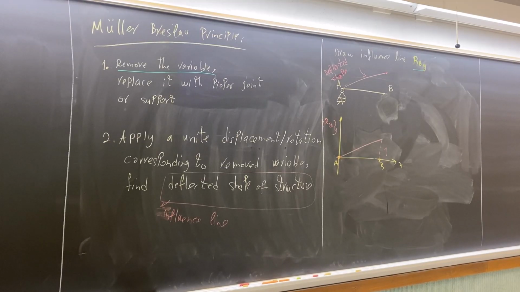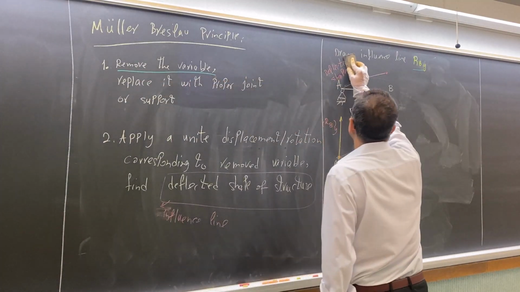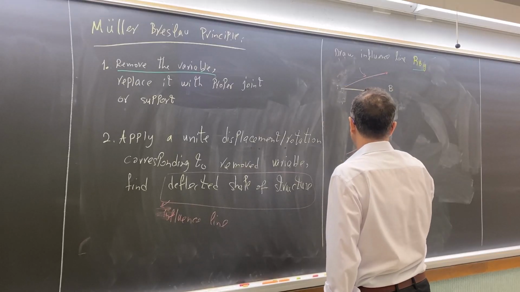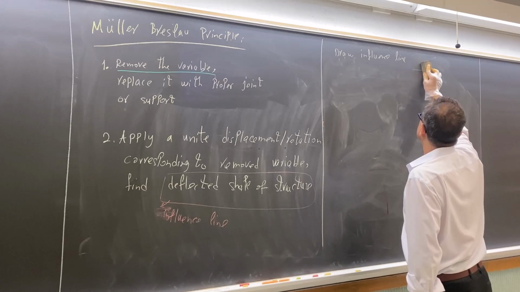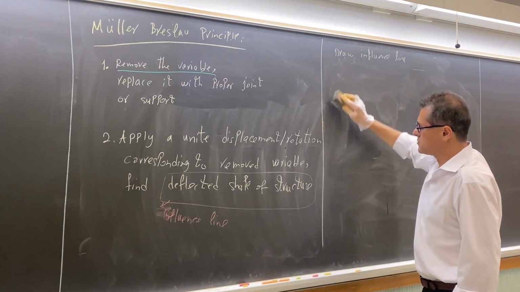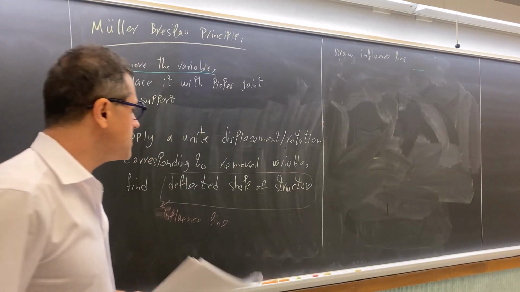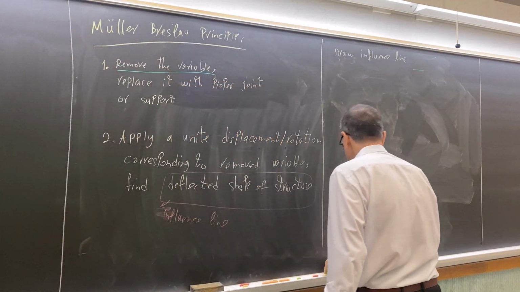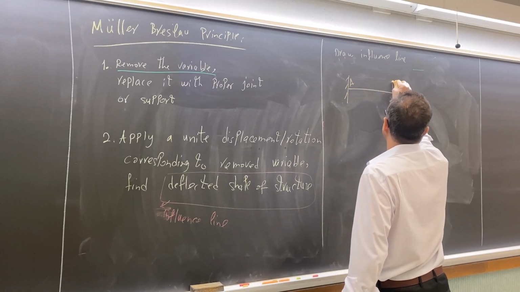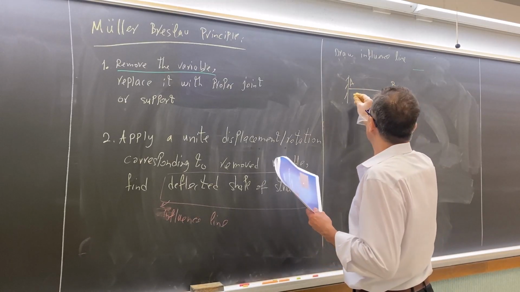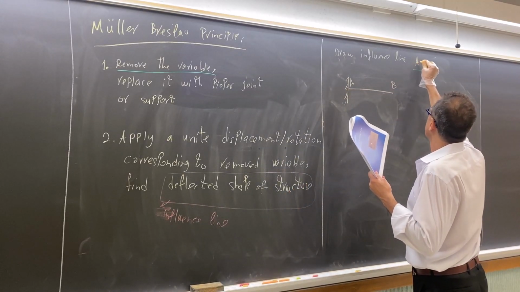Next, I'm going to erase this and go for the next problem. We will practice this Muller method for many problems. We have a cantilever beam from A to B. Draw the influence line for AY.